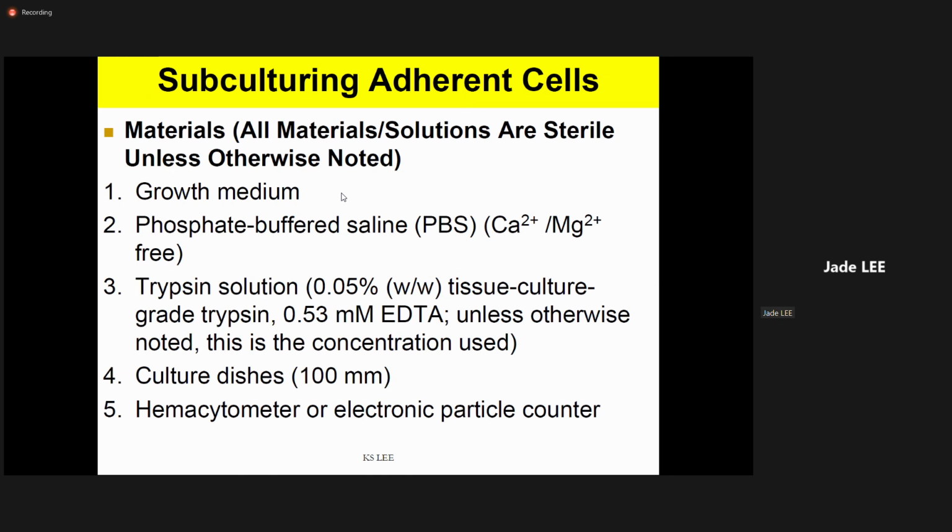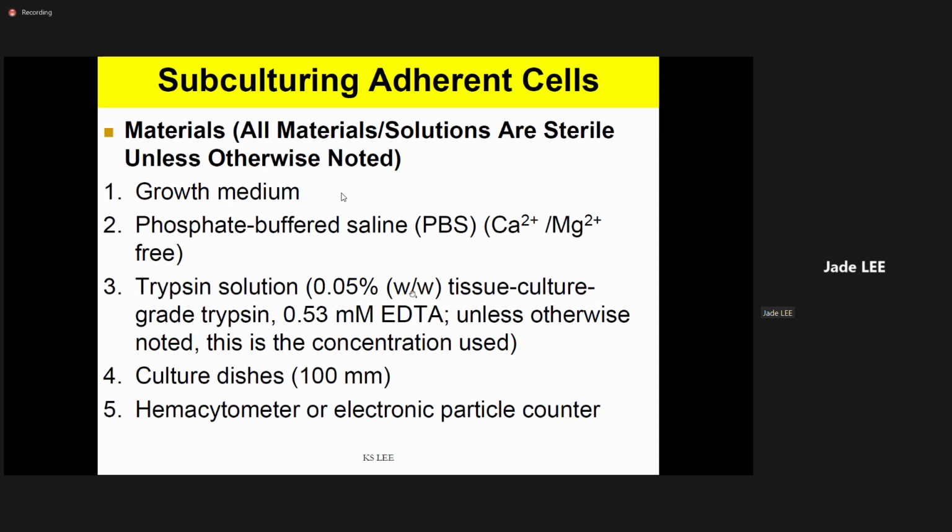You probably need trypsin solution at 0.04% weight over volume of tissue culture grade trypsin, and maybe 0.53 millimolar EDTA, unless otherwise stated. These are the concentrations normally used. You probably need a culture dish of approximately 100 ml in size, and also a hemocytometer or electronic particle counter for you to count your cells. Basically, these are the materials you need for subculturing of adhesion cells.